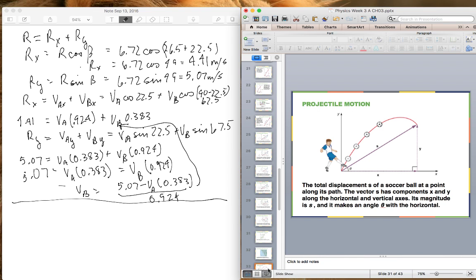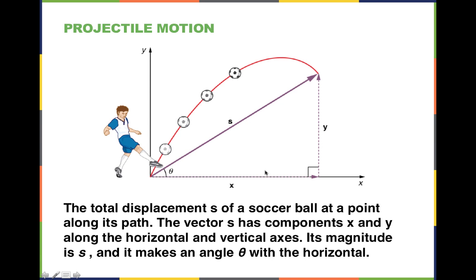So I wanted to go on now and talk about the next topic, which is projectile motion. And projectile motion is the two-dimensional equivalent of a free-falling object. That is, it's an object that only has gravity acting on it, but we're looking at its path in two dimensions now, as opposed to a single dimension on the y-axis.